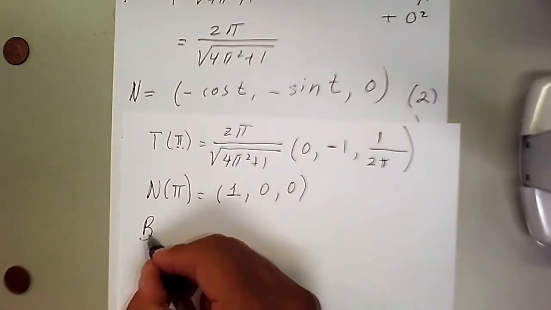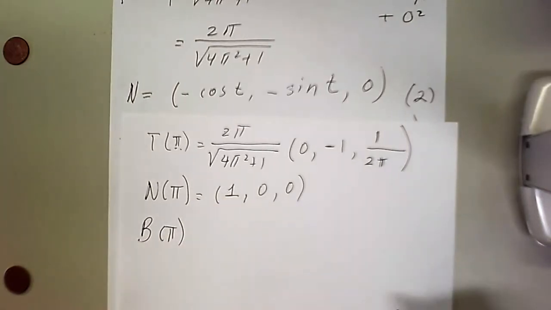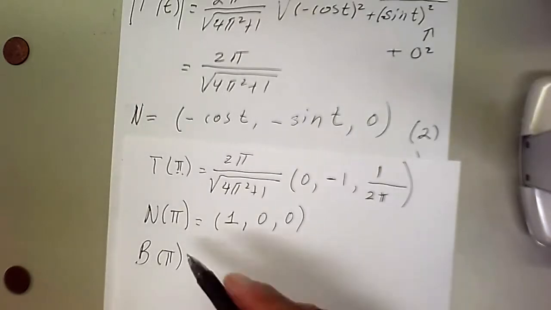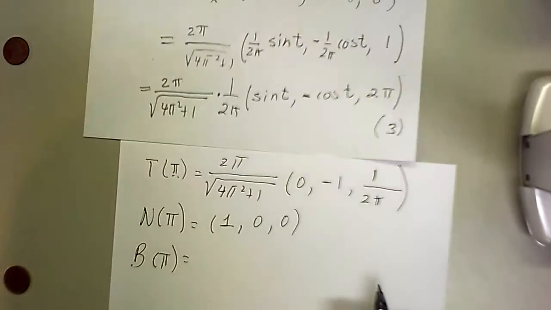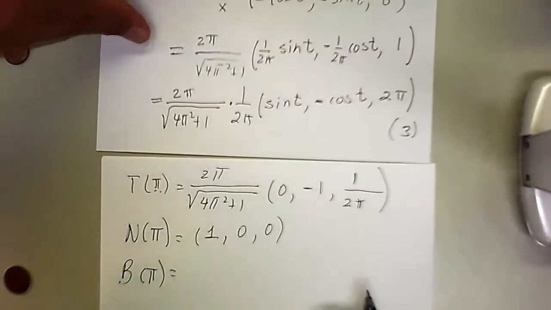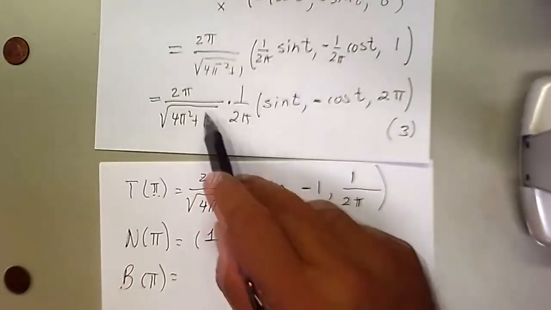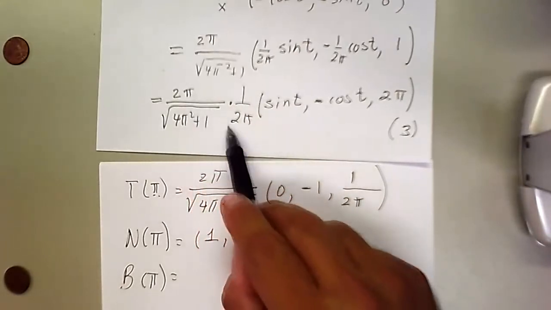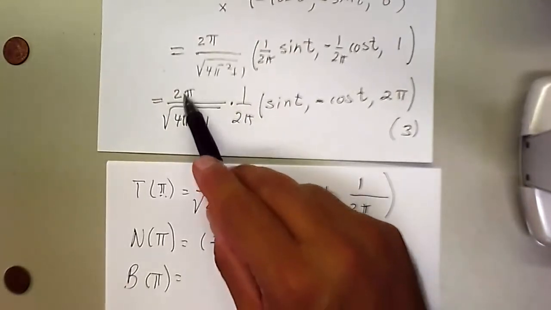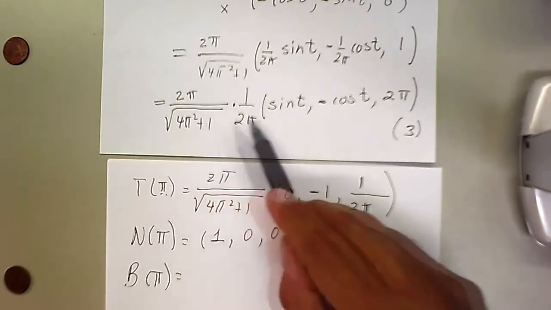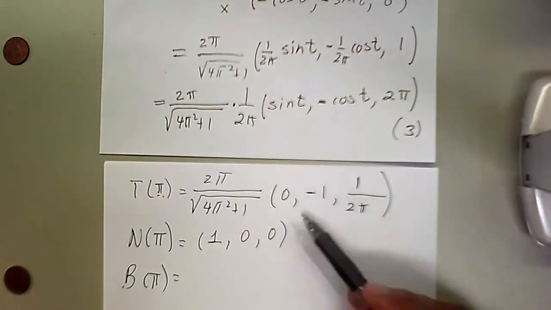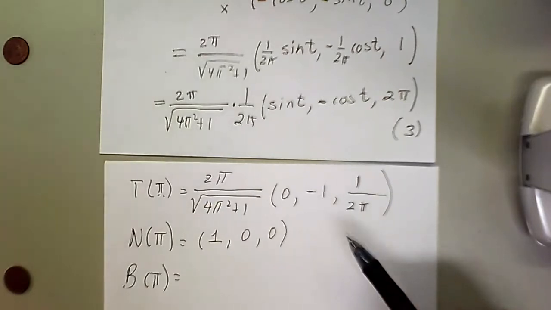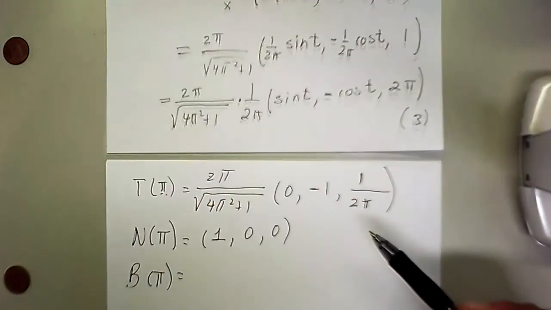And then the binormal vector, at this point you could do two things, by the way. You could use the formula we came up with, formula 3. There it is. I did not simplify this formula. The 2 pi's would cancel off, and then we have a simplified formula. Or you could do the cross product of those two vectors. That would be a redundancy, because that's what we did here.